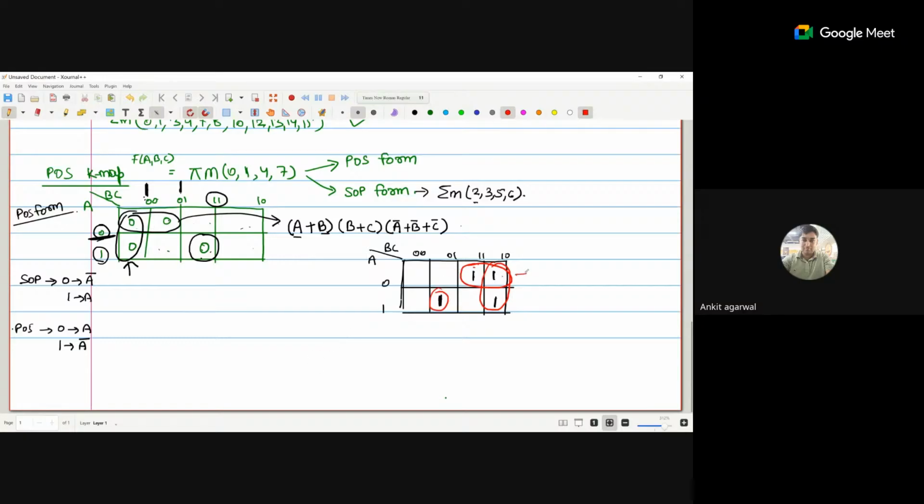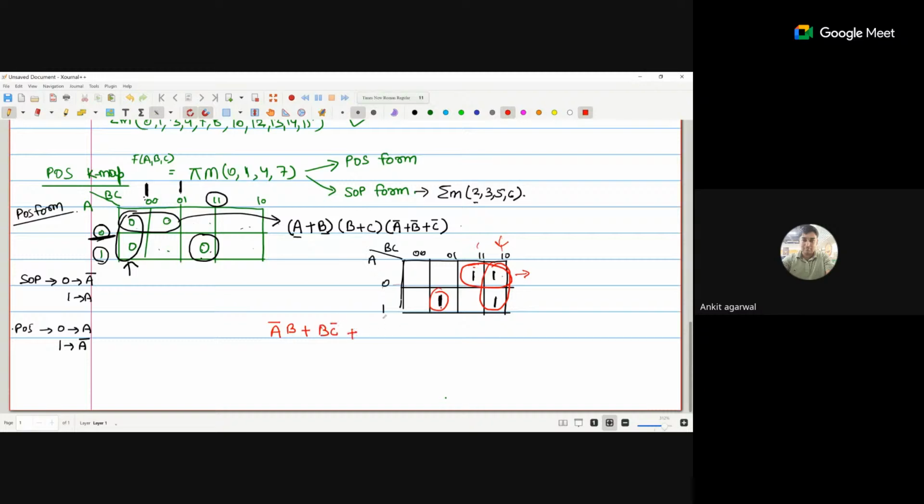For this row group, the value of A is 0, so A bar, and the value of B is 1, so A bar B. For the column group, A is not constant, but B and C are constant. The value of B is 1 and C is 0, so B C bar.